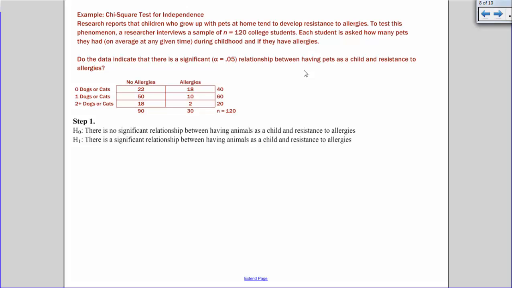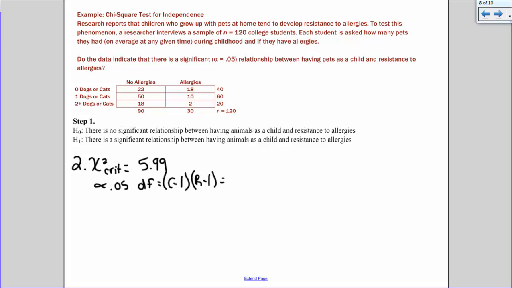So I didn't really mean for this to happen, but it just kind of works out that once again, we have a chi-square crit of 5.99 because we have an alpha level of 0.05 and degrees of freedom equal to C minus 1 times R minus 1. We have 2 columns, so 2 minus 1, and 3 rows.